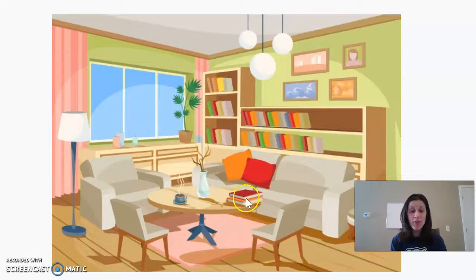And then what about these books? Are these above or under the table? They are over or above the table, right? And the table is under or below the books. Good. So same thing, I'm going to show you an example with Mrs. Hanson.